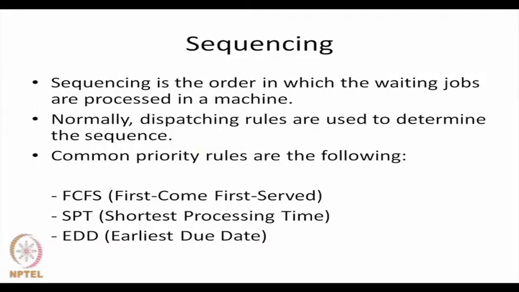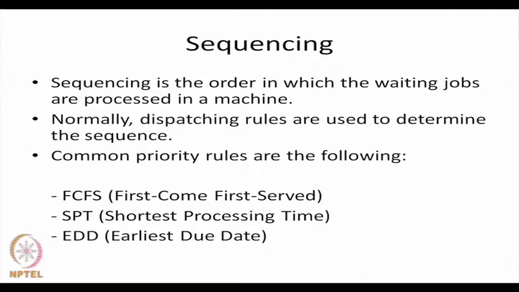Normally, dispatching rules are used to determine the sequence, dispatching or priority rules, and we will illustrate 3 priority rules. First come, first served. That means, whichever job comes first, the machine takes up that job first. It could be shortest processing time.